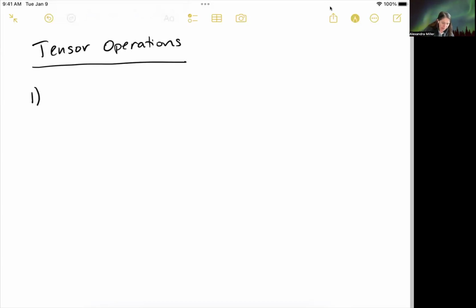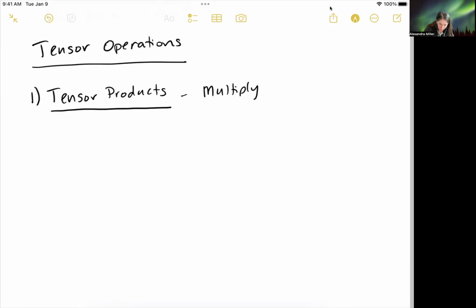So we've already written down some tensor products, so let's start there. Here I'm thinking about just multiplying two tensors together, or more. Multiplying two tensors together results in a higher ranked tensor.